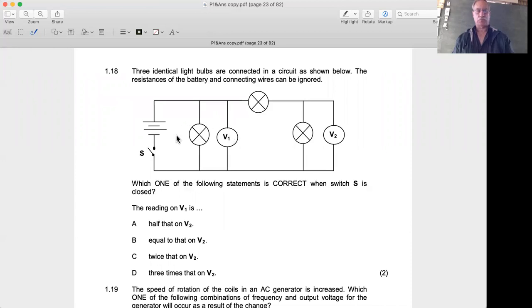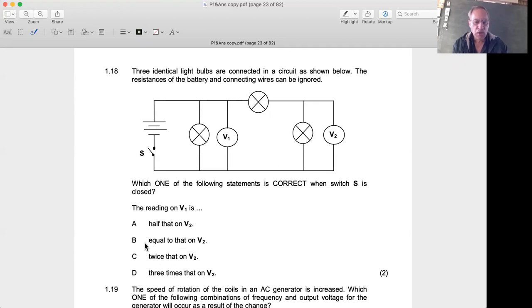Okay. So what happens? Current leaves here. When it hits a resistor, it drops. So these sides of the voltmeter are the same. They're all connected to the negative side of the battery. So here the voltmeter is going to hit a resistor and drop, and then it's going to come here and drop again. So V1 is going to measure with no drop, so V1 is going to be twice as much as V2.